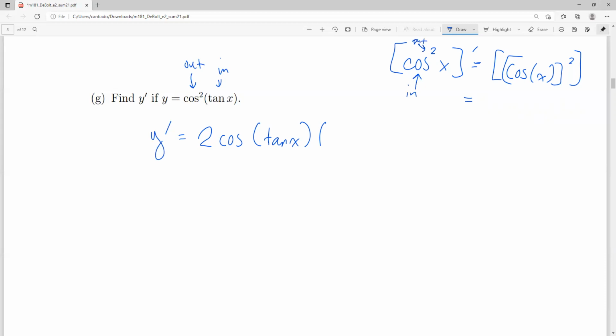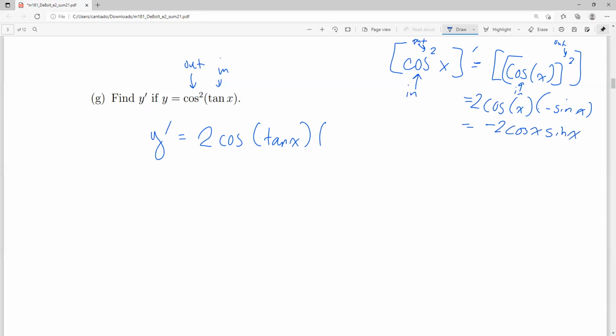So we do the power rule first. Bring down the 2, cosine, take down the power, so this would be cosine of x. But now we also have to multiply it by the derivative of the inside function, which is cosine. The derivative of cosine is minus sine, right? Minus sine of x. So the derivative of cosine squared is -2 cosine x sine x, right?